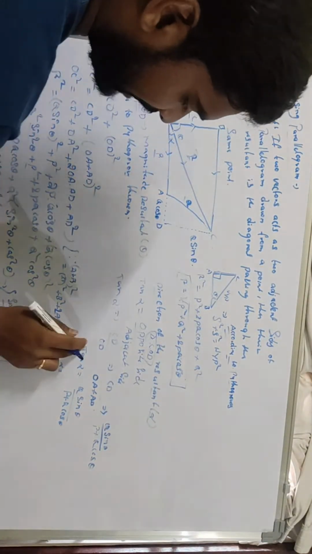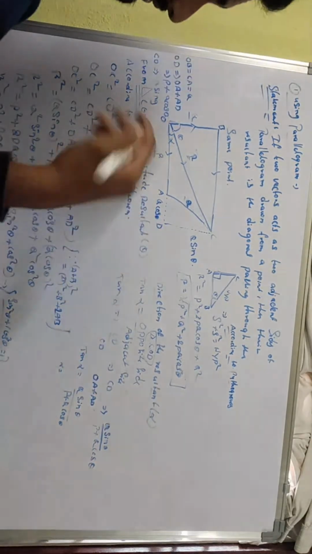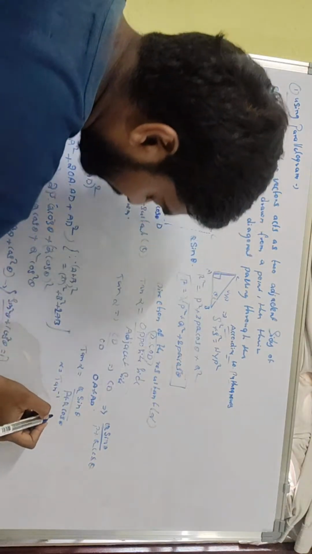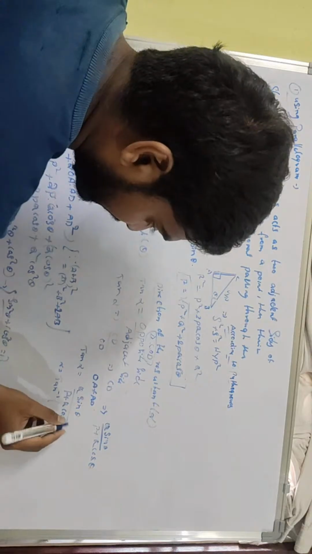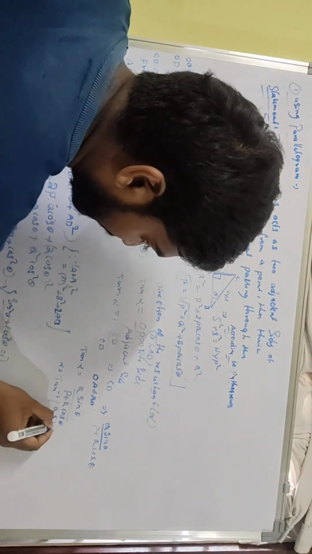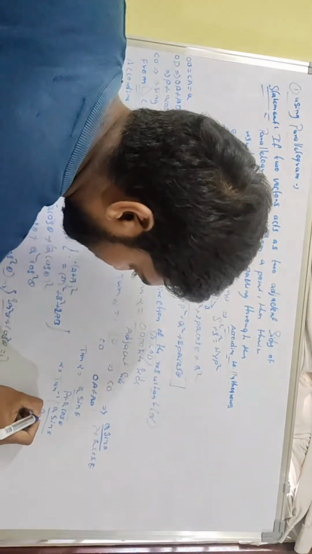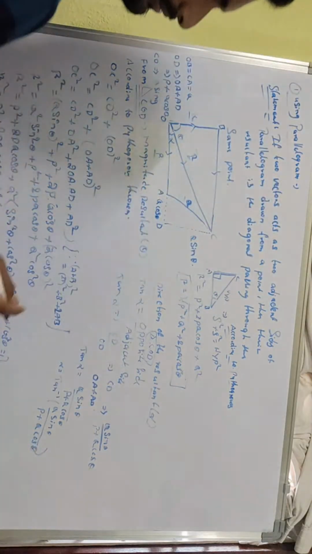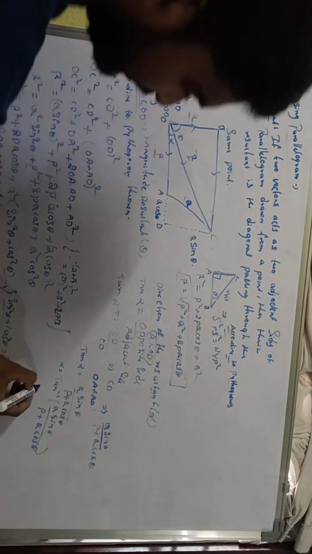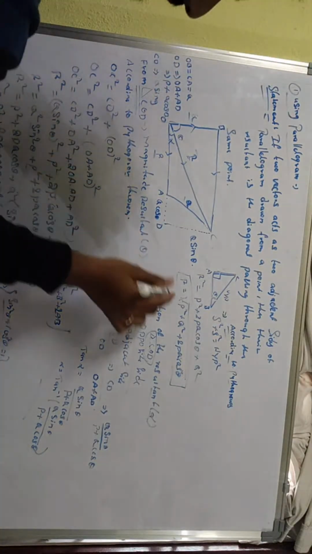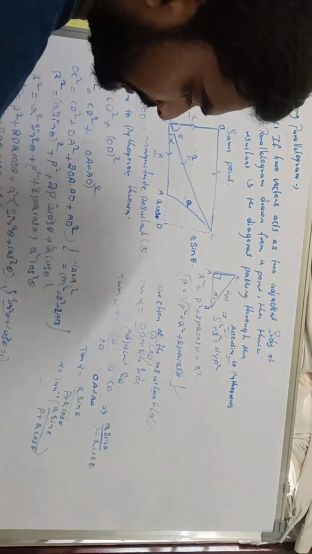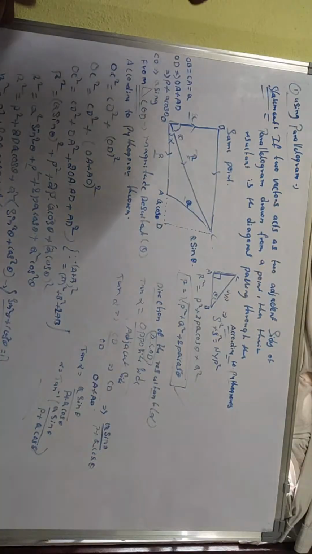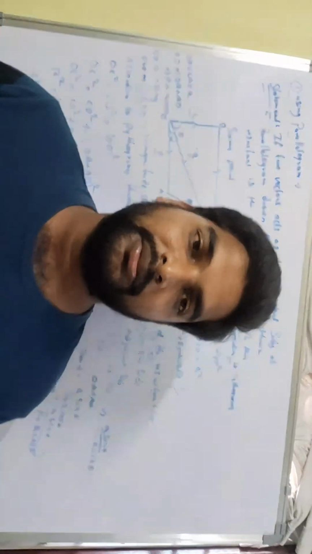Now tan goes to the right side of the equation in the form of inverse, so we replace it with the power of -1. So alpha is equal to tan inverse of Q sin theta divided by P plus Q cos theta.